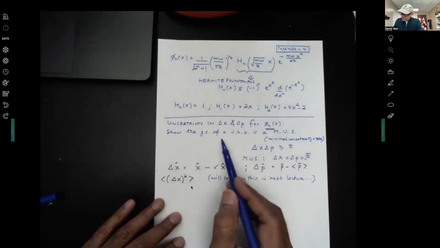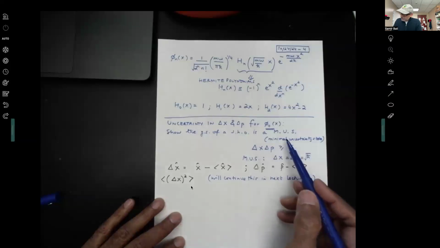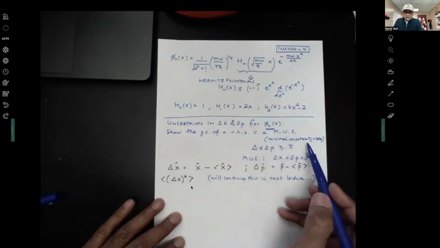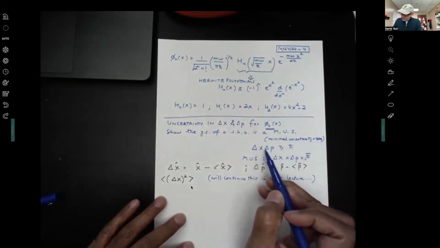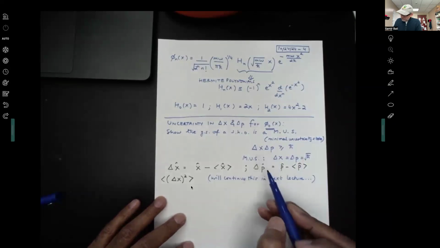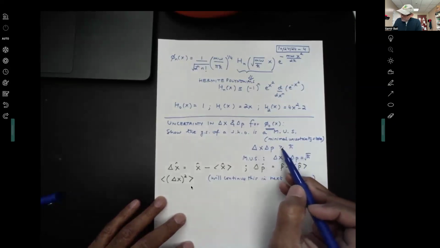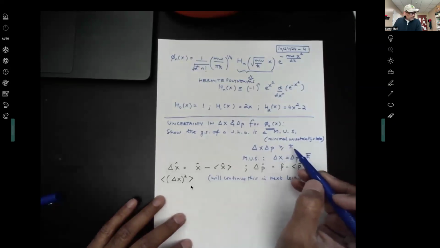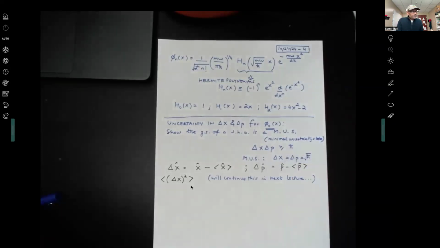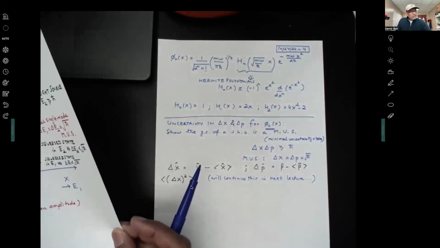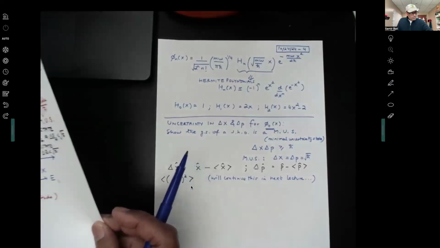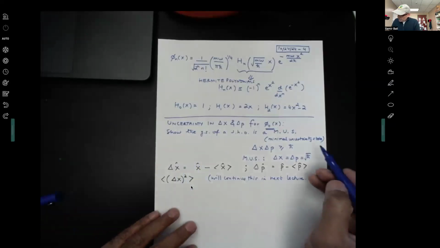Now, what we were doing was looking at the uncertainty in the position and momentum for the ground state. We wanted to show that the ground state of the simple harmonic oscillator is a minimum uncertainty state. Minimum uncertainty state means that the product of the uncertainties in the position and momentum is going to be equal to h bar. And I think I missed a factor of 2 there, so let me stick it in. So this should be h bar over 2.